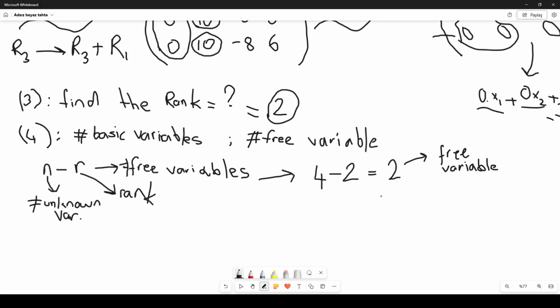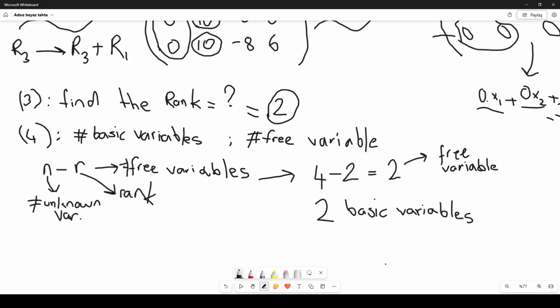So we also have 2 basic variables. All right, guys, this is the fourth step. We decided the number of basic variables and free variables.